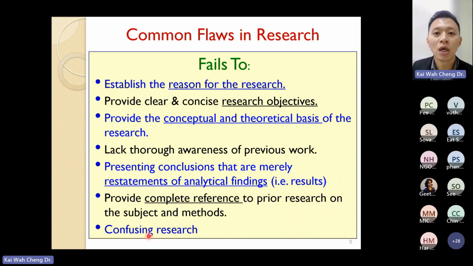These are the common mistakes when a postgraduate student, a researcher or an academic staff conducts a research, so maybe we can try to avoid these common mistakes in the future. For example, you do not know the main reason for you to conduct a particular research. Maybe you conduct certain research, but in fact, this is not the main issue or main problem that occurs in your daily life.